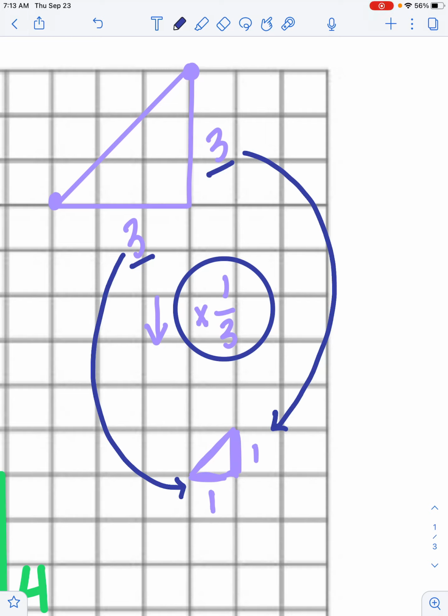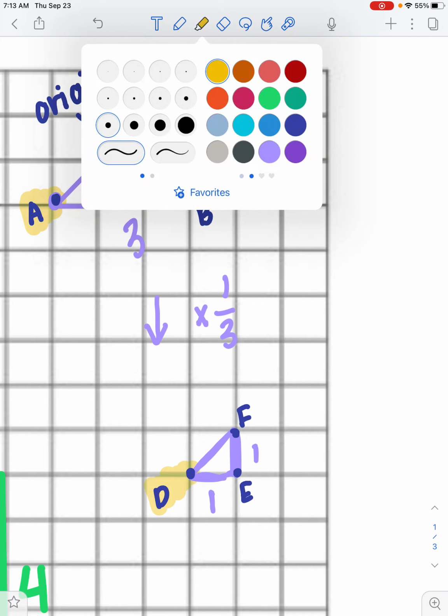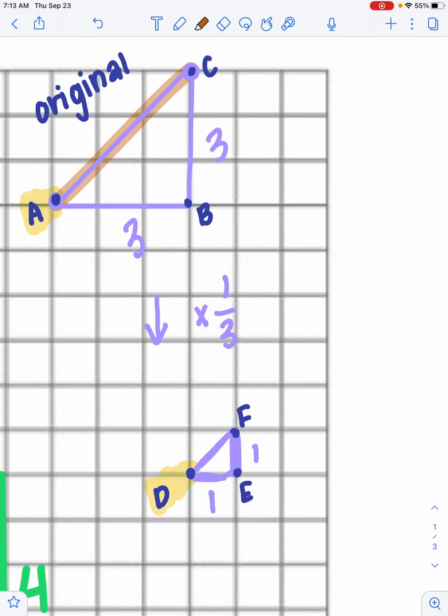Now, another vocabulary word that we've talked about in terms of scale copies is called corresponding. And corresponding just means points, line segments, or angles that are in the same place. So, if I label my original triangle ABC, and I label my new triangle DEF, I can see some corresponding sides and angles. A corresponds to D. The line segment AC corresponds to the line segment DF.